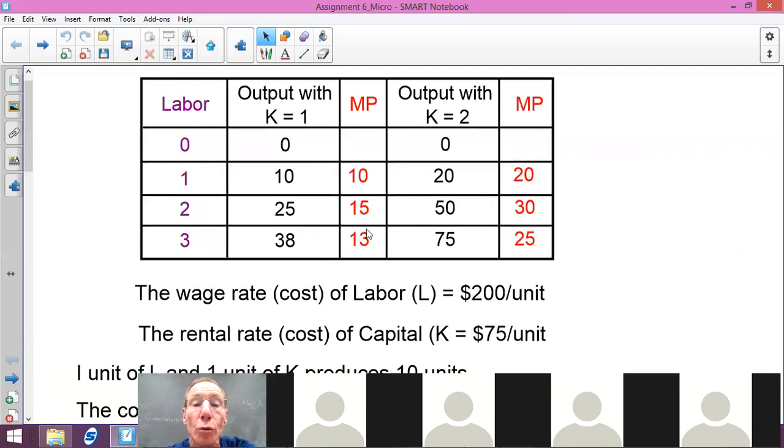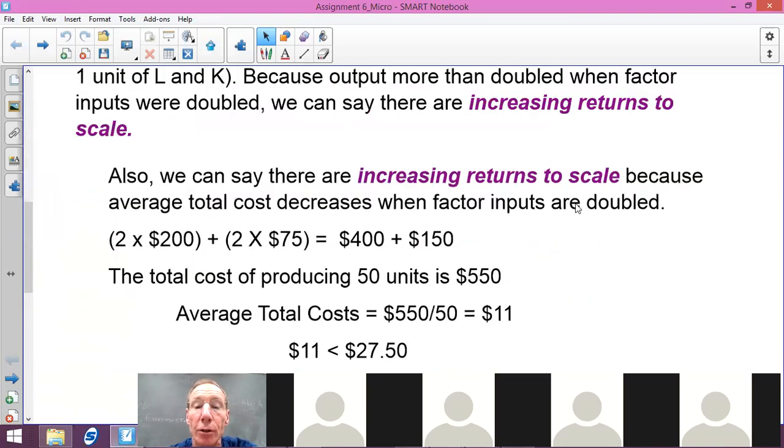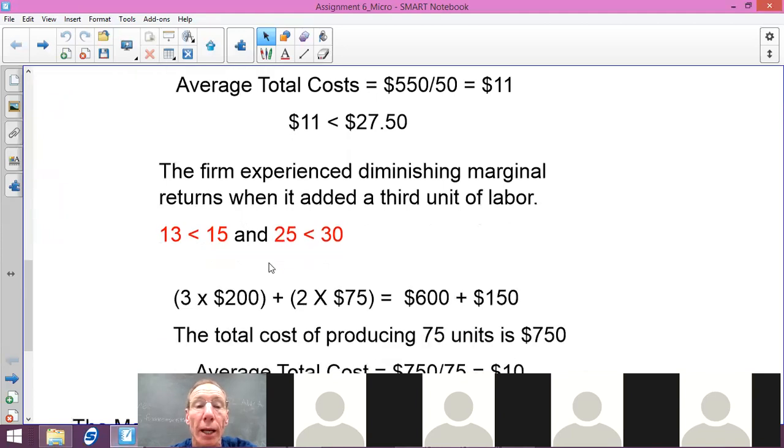But going from 2 to 3 units of labor, we only gained 13, which is less than 15, and the marginal gain was 25, which is less than 30. So we can say that we had diminishing marginal returns when we added that third unit of labor, because the marginal products were less for the third unit. Okay.